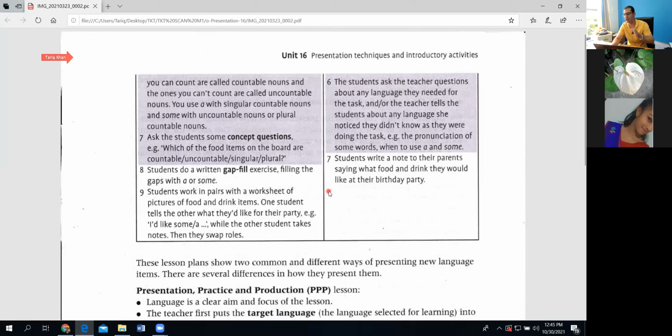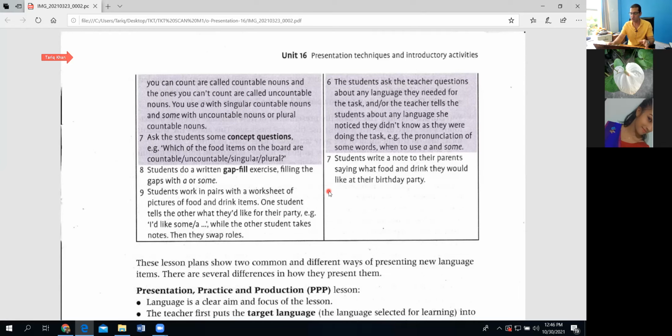So the TBL method is a little bit better for practicing fluency and communication. And the PPP method also has communication and fluency, but that comes in the end, and it is mainly on the structure side, where the language needs to be taught clearly and then used in that way.